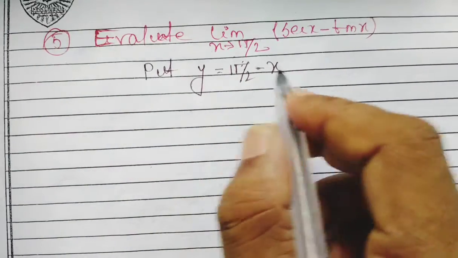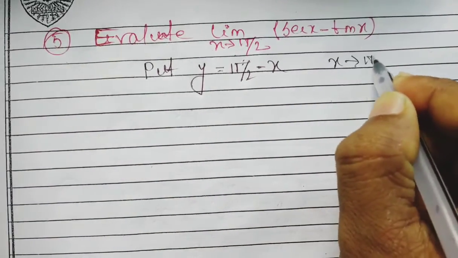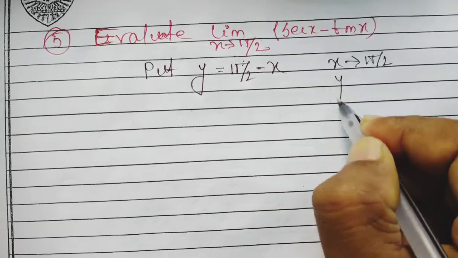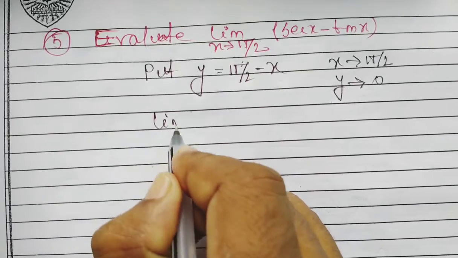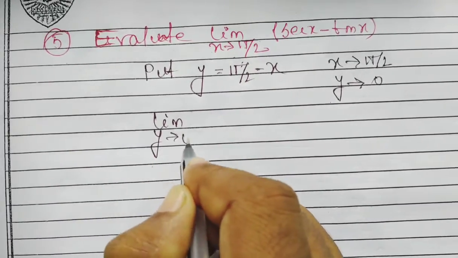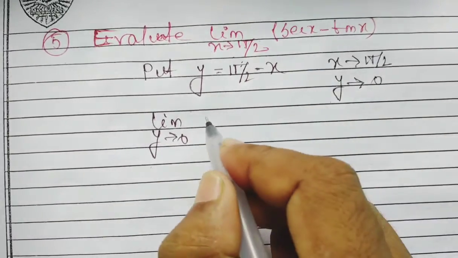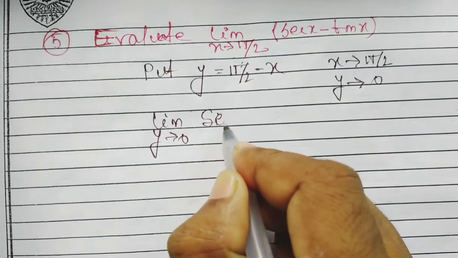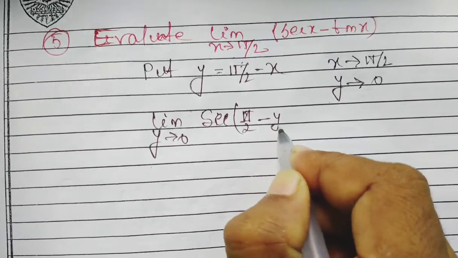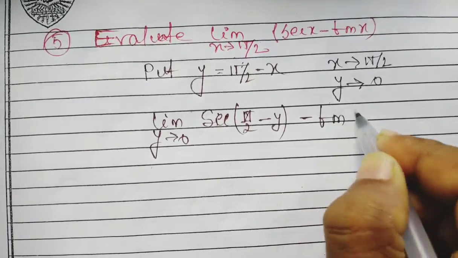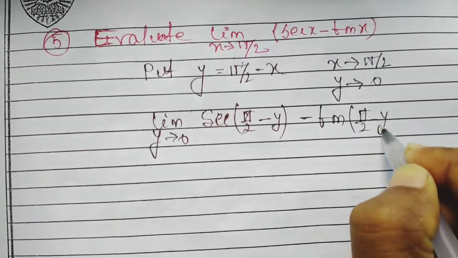So now change the limit. For x tends to pi by 2 we will get y tends to 0. Now convert the limit. So here limit y tends to 0 sec (pi by 2 minus y) minus tan (pi by 2 minus y).